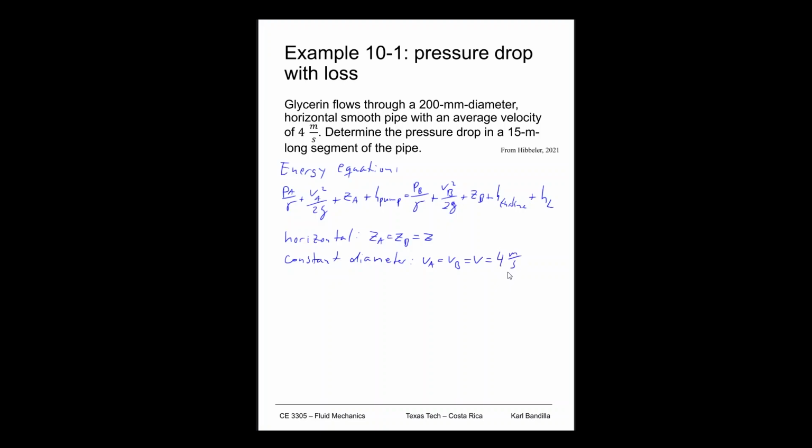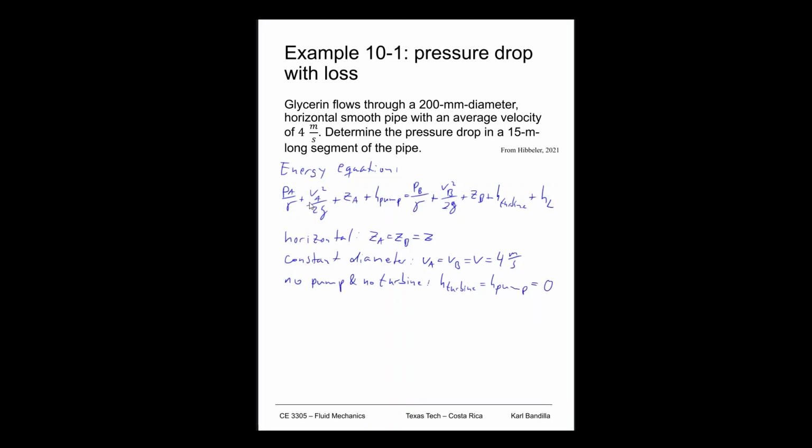We're given that. We also know we have no pump and no turbine. So that means we can say that H_turbine is equal to H_pump is equal to 0.